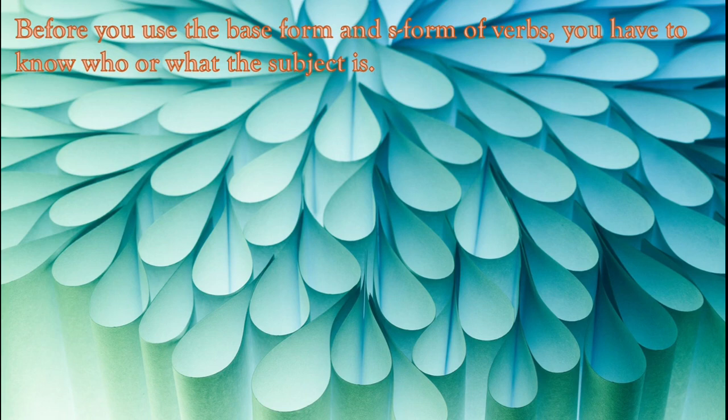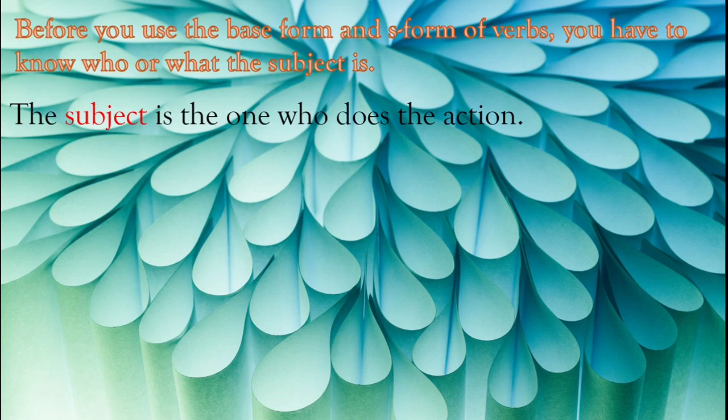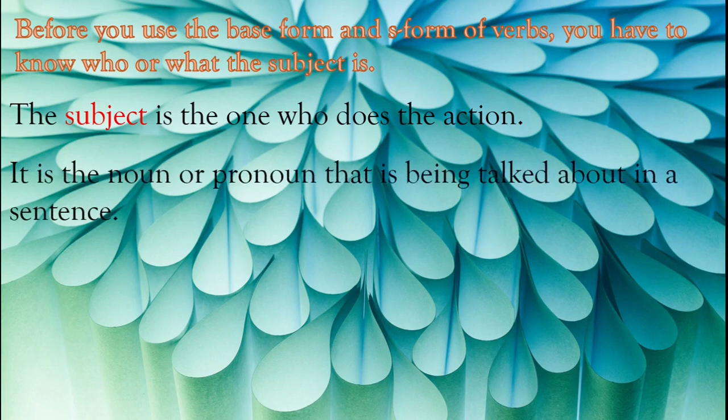Before you use the base form and S form of the verbs, you have to know who or what the subject is. The subject is the one who does the action. It is the noun or pronoun that is being talked about in a sentence.